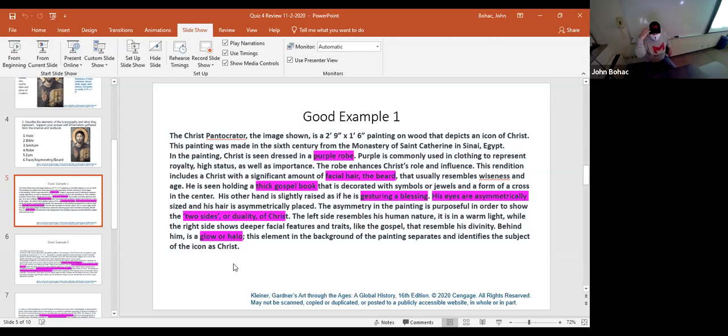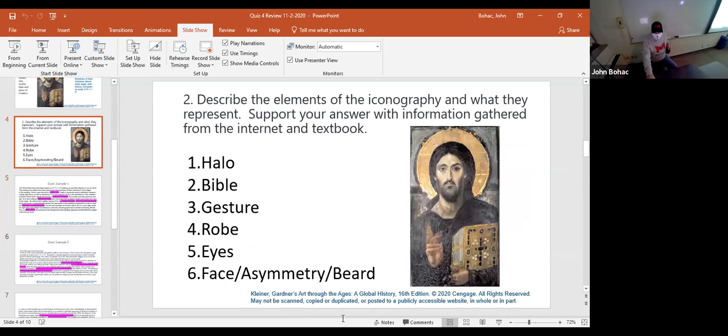The blessing, the halo, the beard, the Bible, and so on. His eyes are asymmetrically sized, and his hair is asymmetrically placed. Asymmetry in painting is purposeful in order to show the two sides or the duality of Christ. And that is, again, this number 6, the asymmetry, the beard.